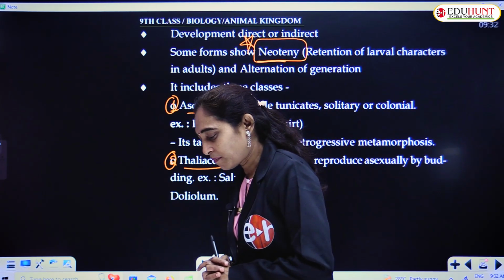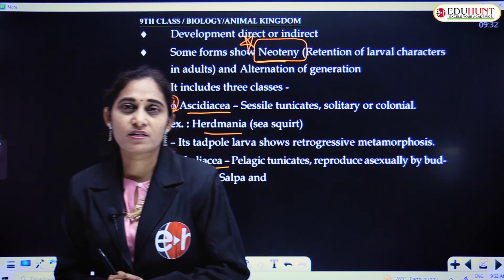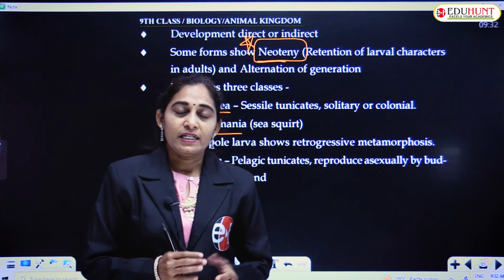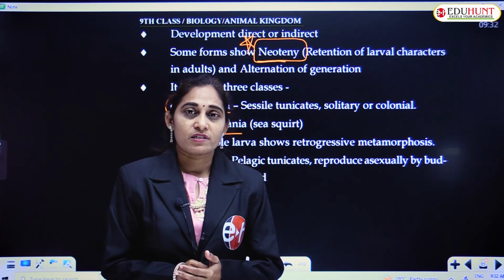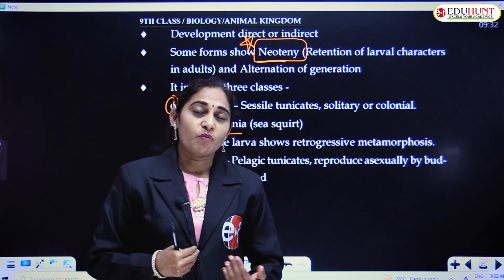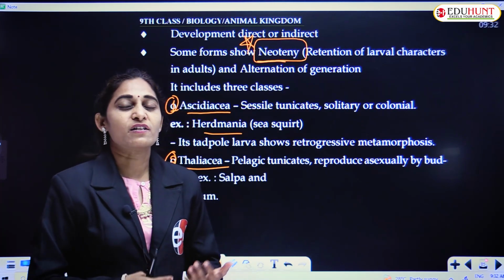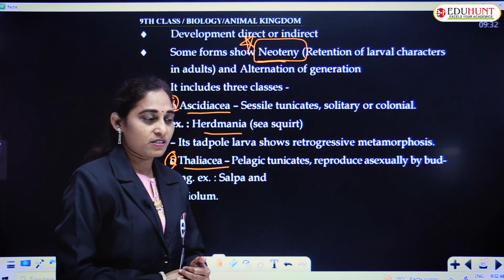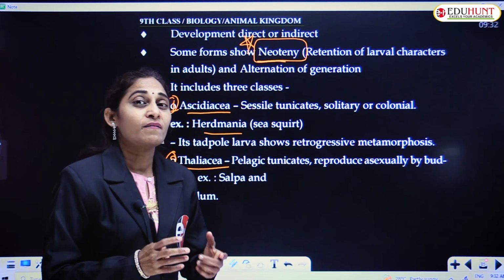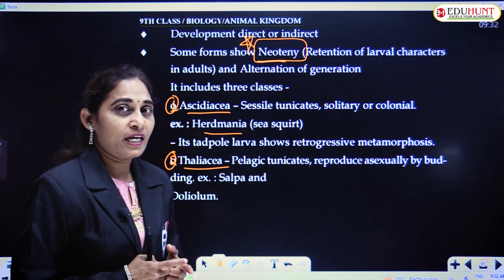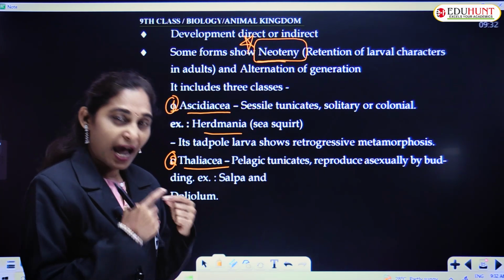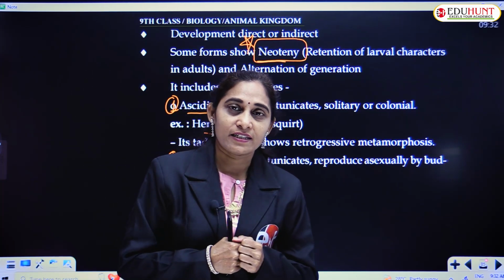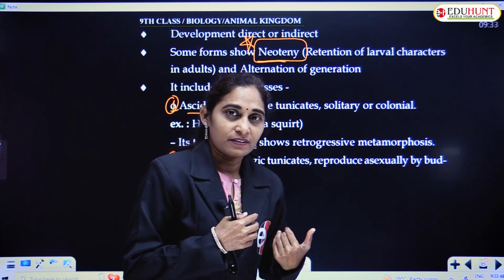What is meant by metamorphosis? Metamorphosis is a change, a transformation in the morphology during developmental stages, like we have seen metamorphosis in insects like butterfly, silkworm.